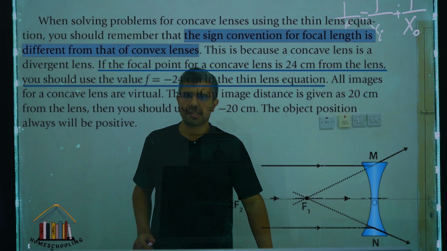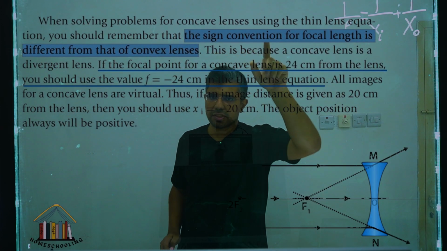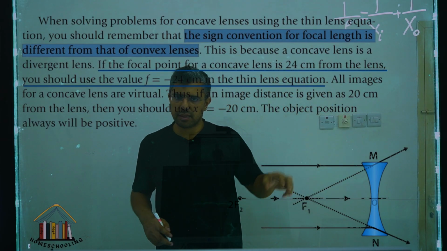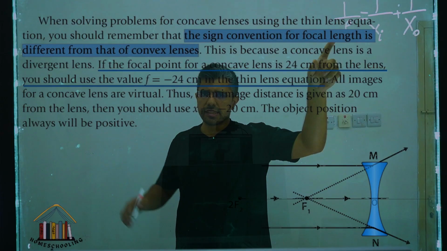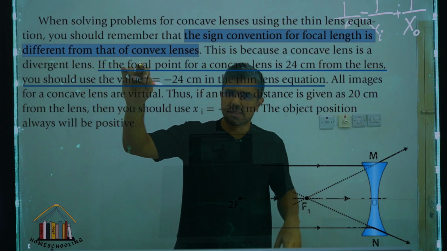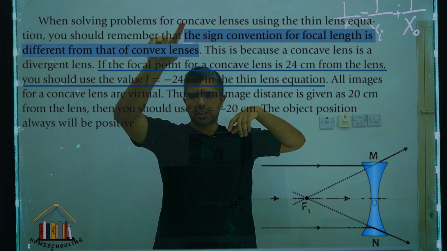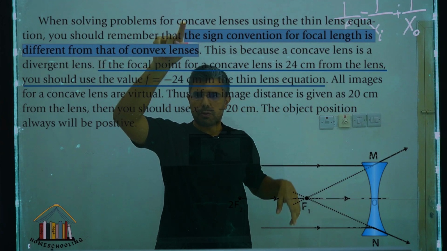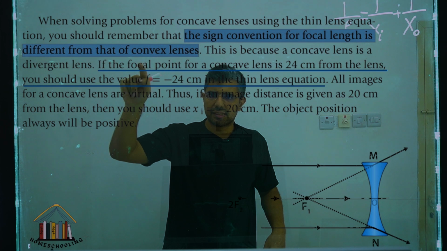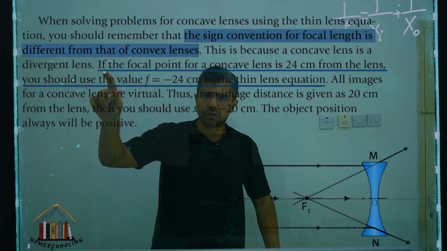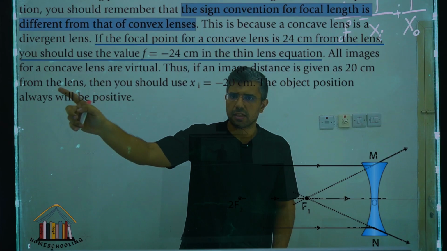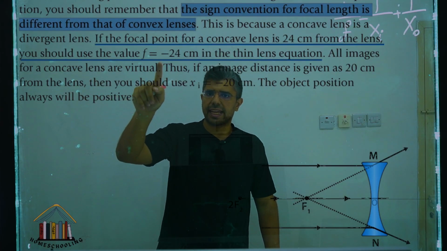So the sign convention. This means that all the scientists, the physicists, agree that the focal length of a concave lens is different from that of a convex lens. So if the focal point of a convex lens is 24 centimeters from the lens, for the concave lens we should add a negative.